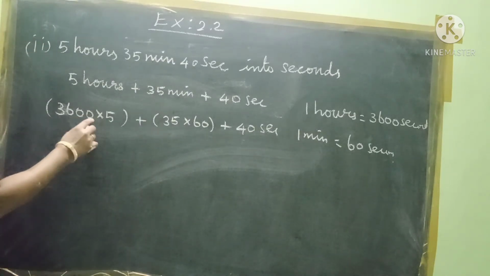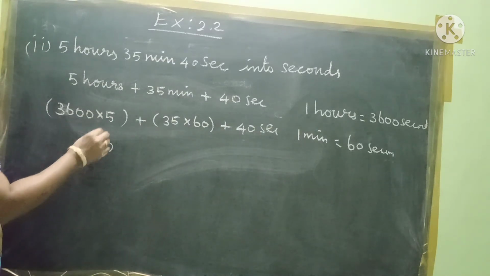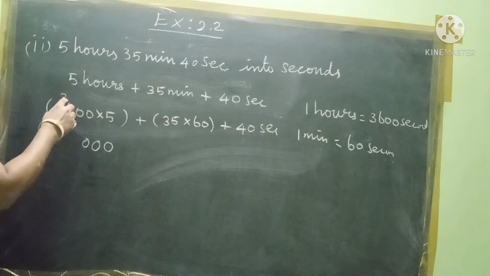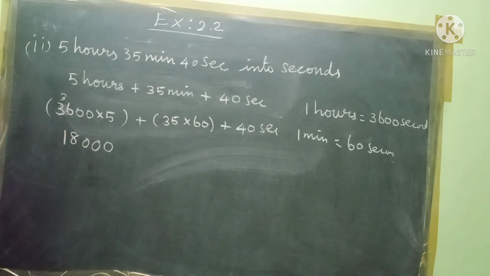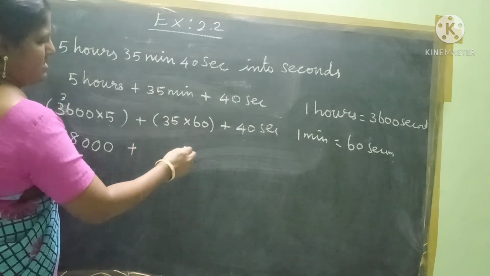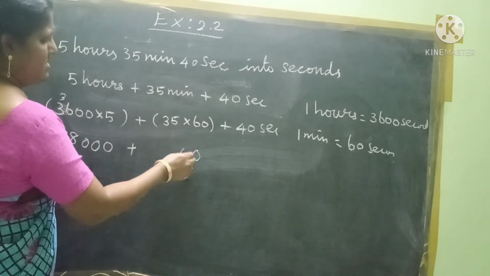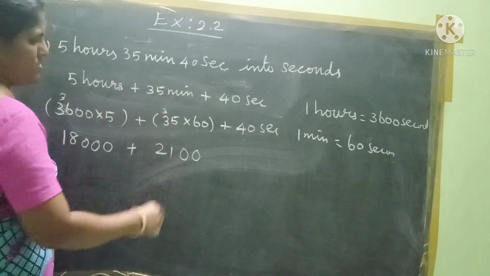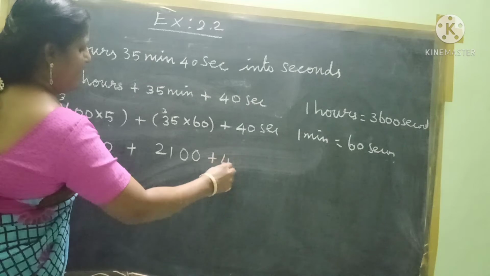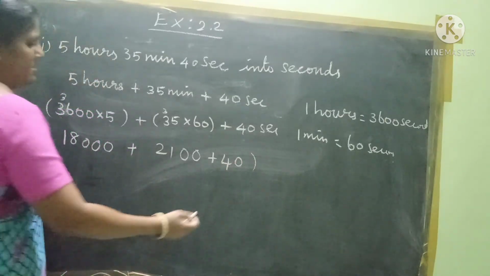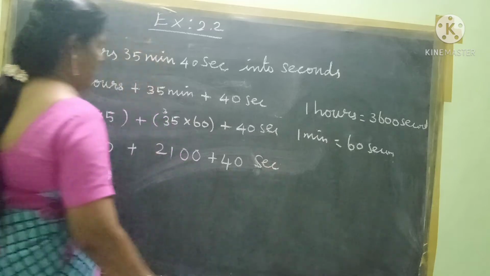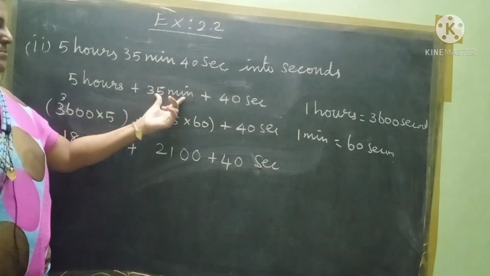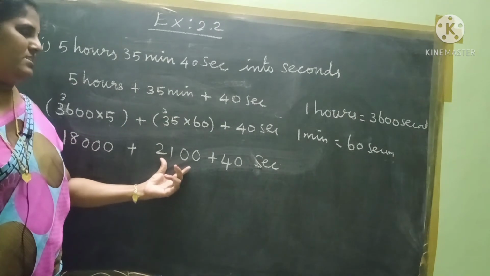So now multiply. 0 times 5 is 0. 0 times 5 is 0. 6 times 5 is 30, carry 3. 6 times 3 is 18, plus 3 is 21. So 5 hours is equal to 18,000 seconds. 35 minutes is equal to 2100 seconds.